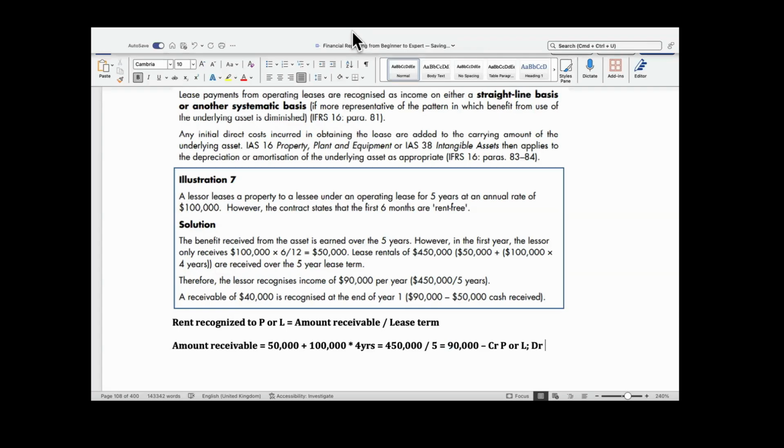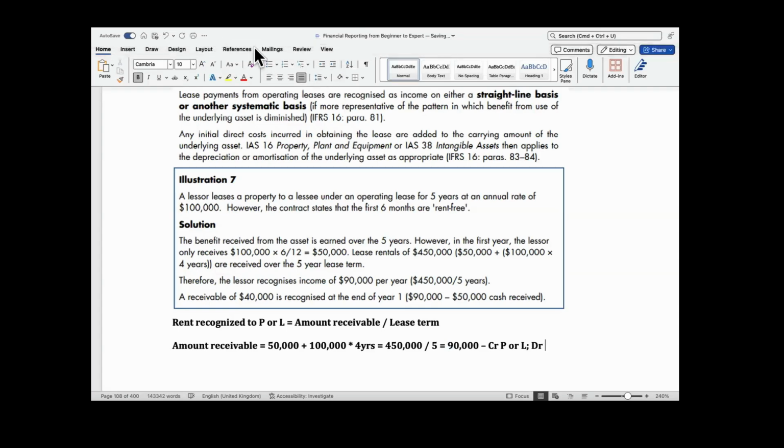Can anyone tell me what you're going to debit? Lease receivable. Because it's not 90,000 you will collect in the first year. What you are collecting in the first year is 50,000.